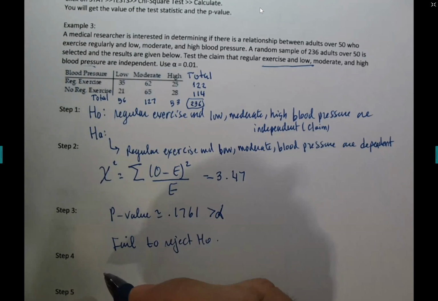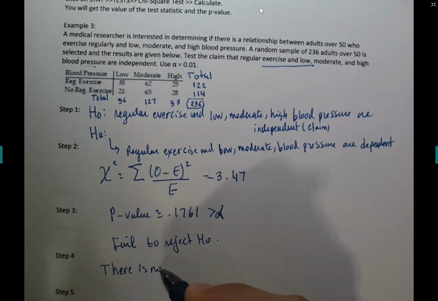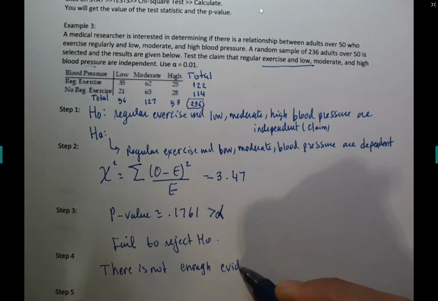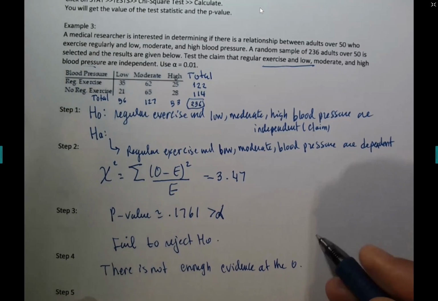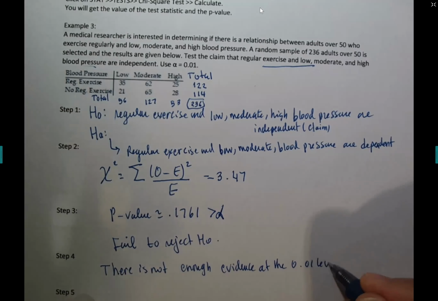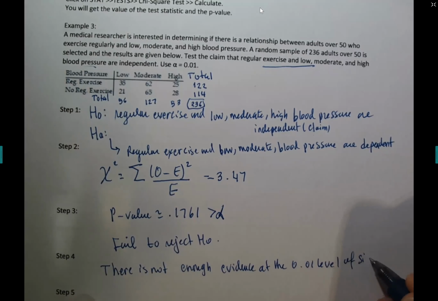So there is not enough evidence at the 0.01 level of significance to reject the claim. We use the word reject because the claim is in H0.